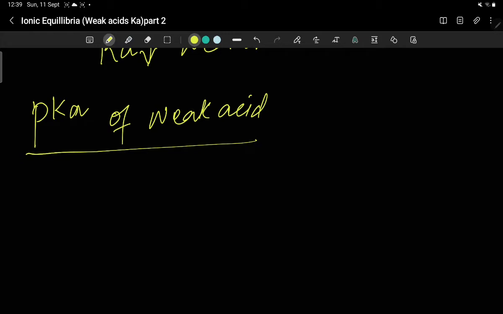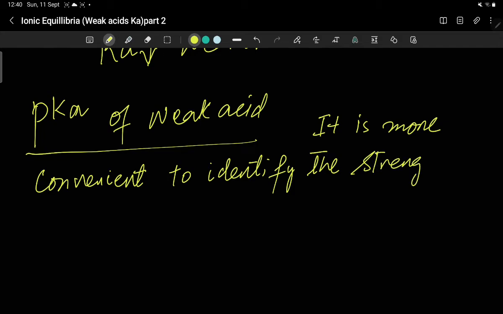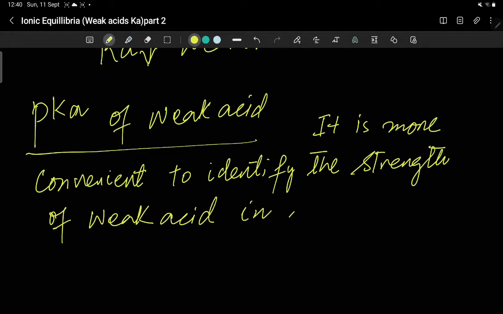It is more convenient to express the strength of a weak acid in the form of their pKa values.